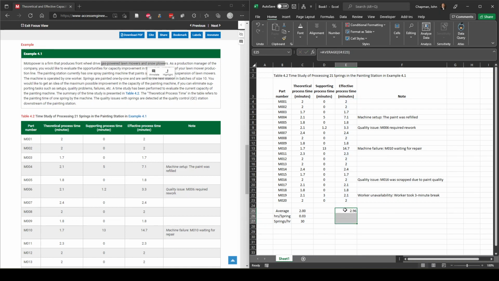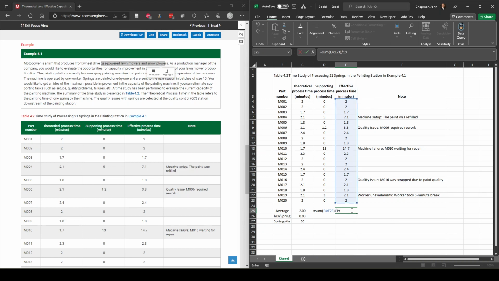Interestingly enough, this does not take into account the fact that from an effective capacity perspective, this part was scrapped. So M16 was scrapped. So instead of dividing by 20, I'm actually going to divide by 19. And that's going to give us a more accurate indication of what the effective capacity is.